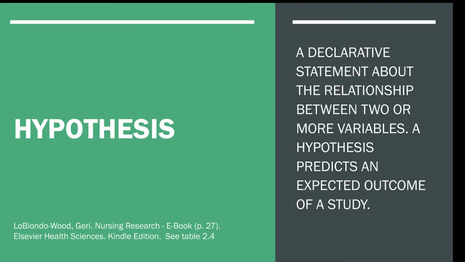And then your hypothesis, which is a declarative statement about the relationship between two or more variables. A hypothesis predicts an expected outcome of a study. So yes, in many ways, this is your best judgment about what the outcome of your study will be.